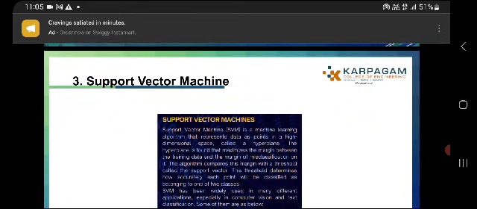The data points that help to define the hyperplane are known as support vectors, and hence it is named the support vector machine. We can apply the SVM algorithm for face detection, image classification, or predicting drug discovery.